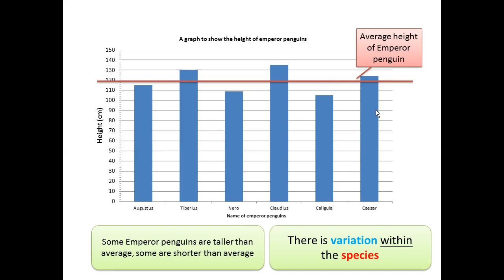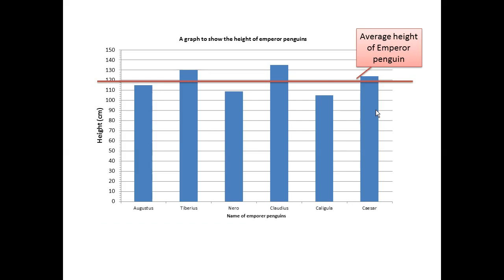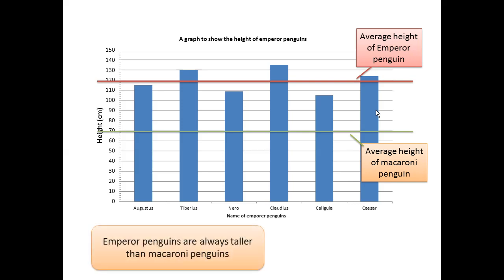This will explain to you that we can have variation within species. In the same graph, if you also put the average height for macaroni penguins, for example, you can observe that emperor penguins will always be taller than macaroni penguins, and this explains variation between species.